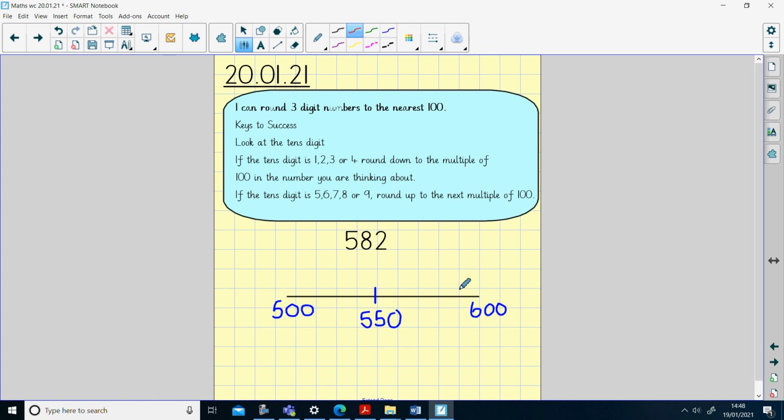Where would 582 go? Is it this side of 550 or is it this side? Well, it's greater than 550, so it's going to go about here. So that shows me visually that 582 is closer to 600. So 582 rounds to 600.